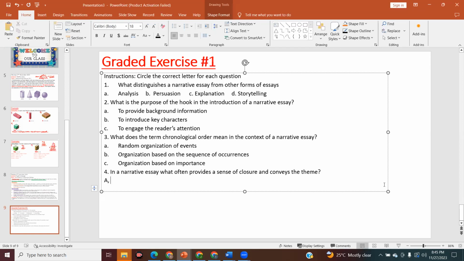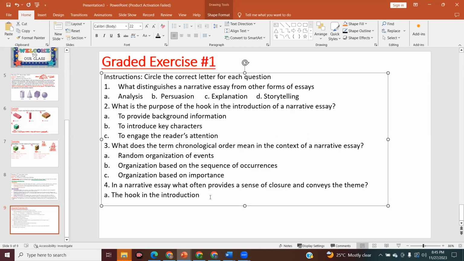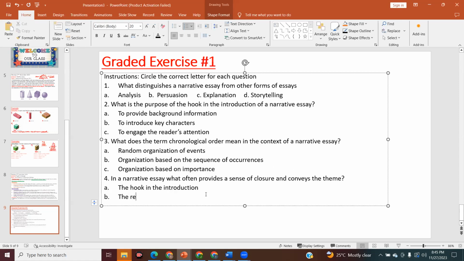Is it A, the hook in the introduction? Is it B, the reflective insight in the conclusion?